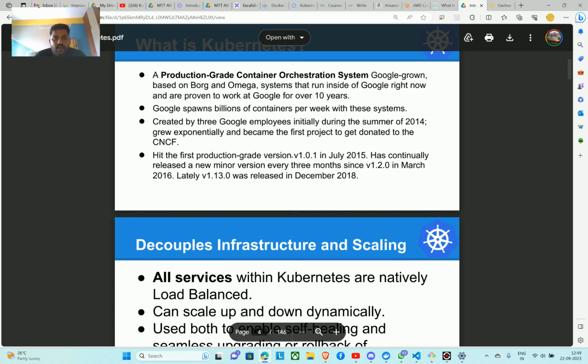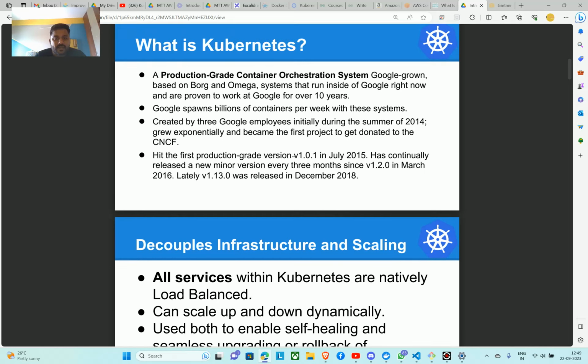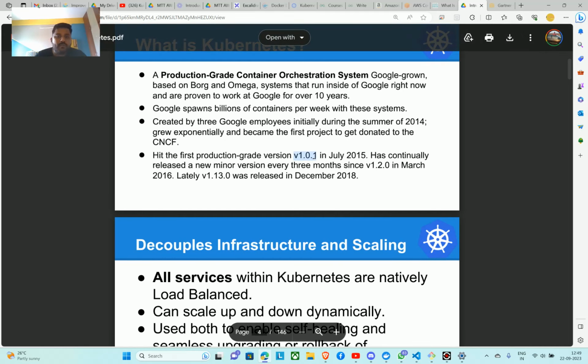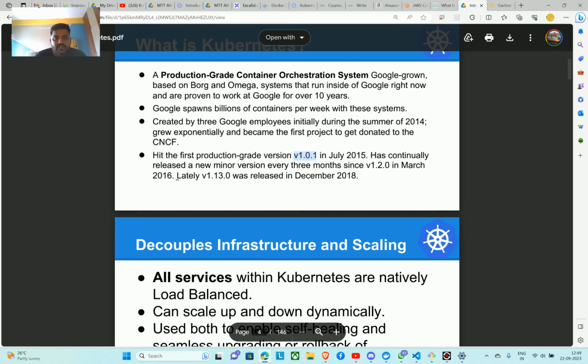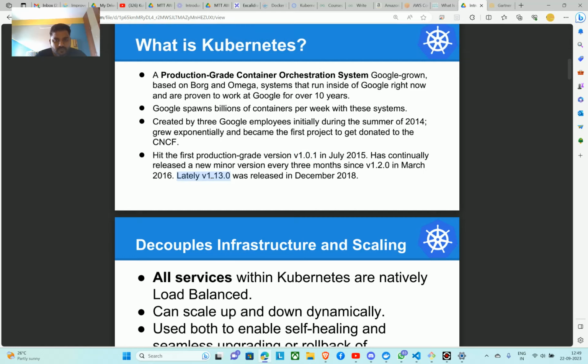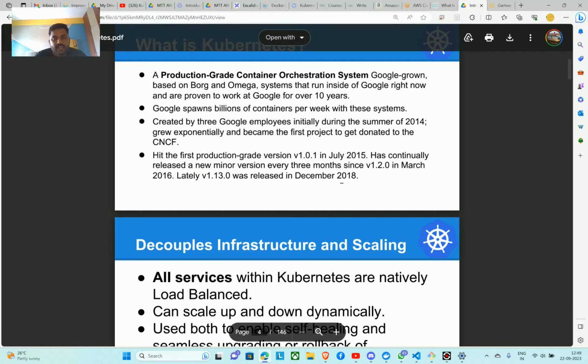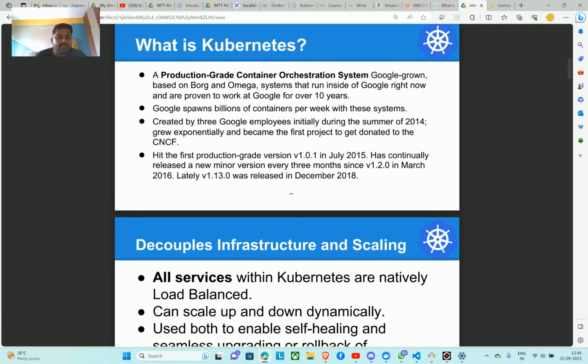The first production grade version of Kubernetes was 1.0.1, and today we have 1.28.x. As you can see, in the year 2018 the latest was 1.13.0, but if you see the current trend, in the year 2023 we are already at version 1.27.